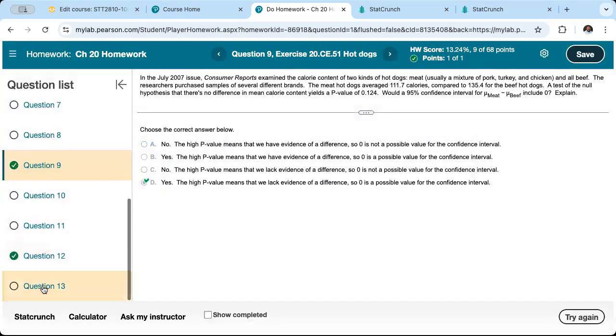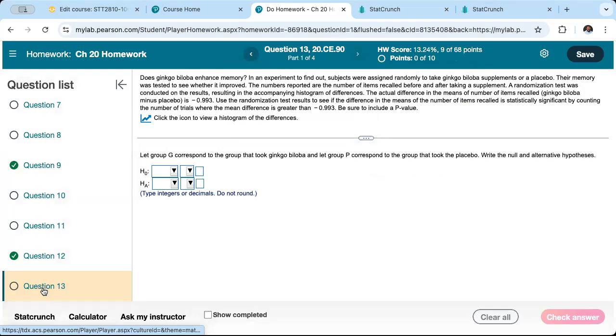Now let's go to 13. 13 is kind of like the bootstrapping we've been doing, but it's a bit different, so let's do that together. I'm going to give you a minute. I think I have 14 minutes, so we have time.